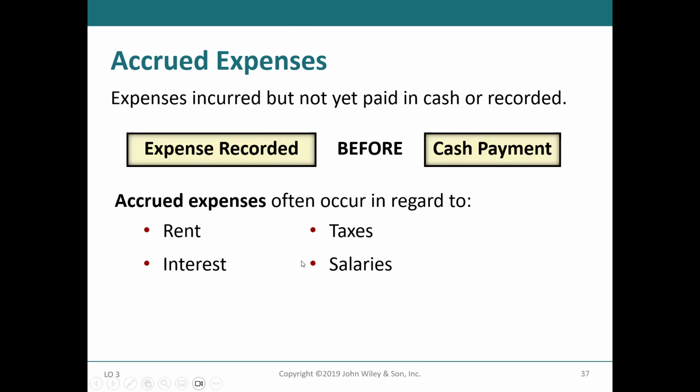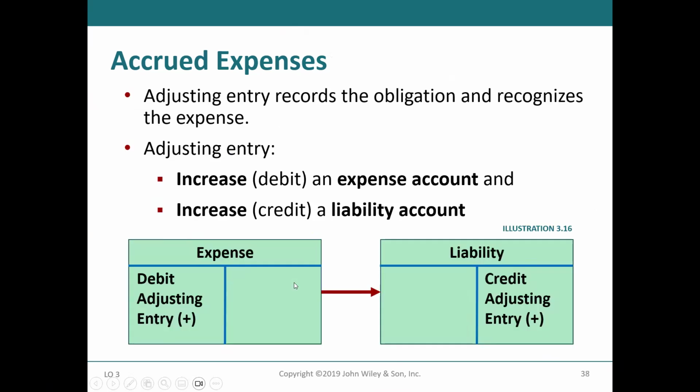So there are many different kinds of accrual expenses. What happens is that when we already use the service from another company, or when we already use the expenses, we have to record them, even though we haven't paid money yet.